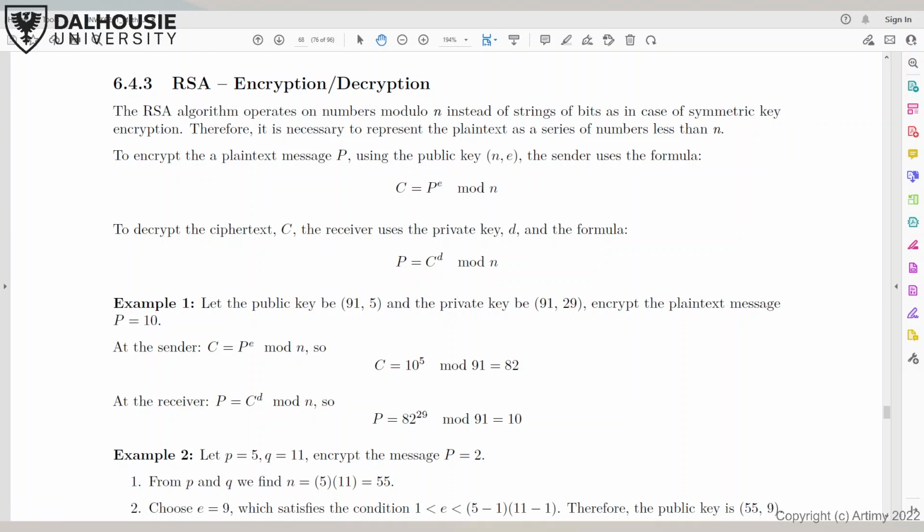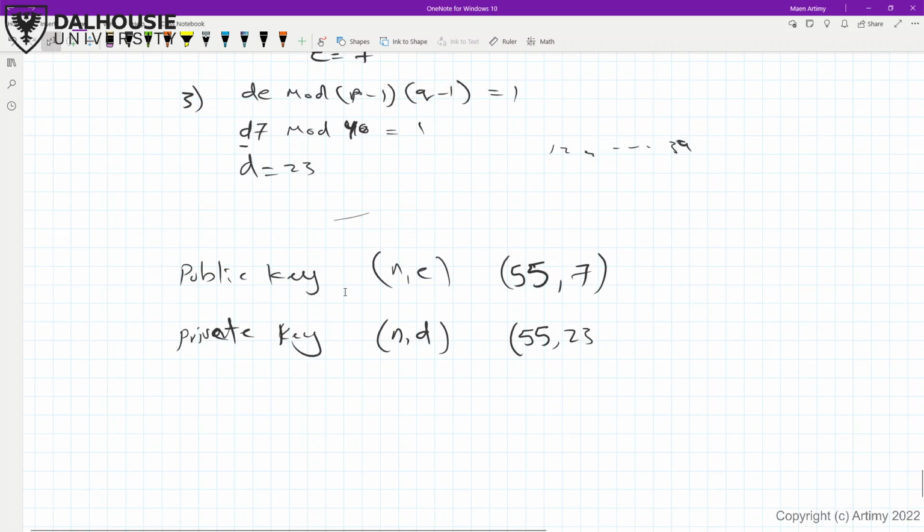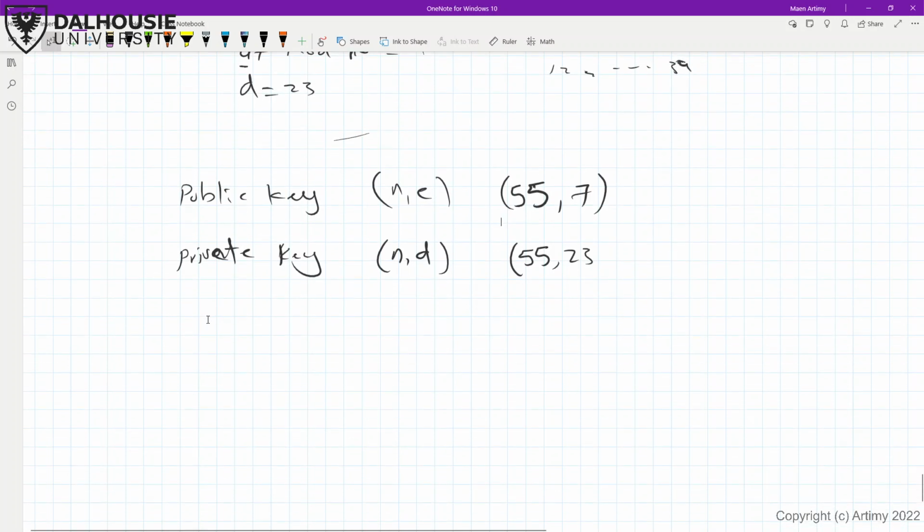So let's say the inverse will be P equals C to the power D mod N. So the inverse is exactly the same algorithm, just using two different keys, right? Same algorithm, two different keys. All right, so the message has to be always smaller than N. So let's take something, let's say the P is 6, right?